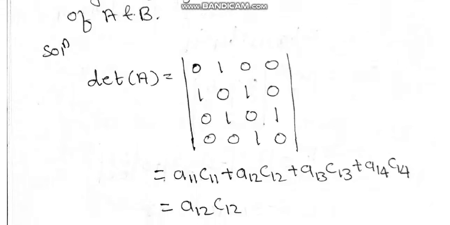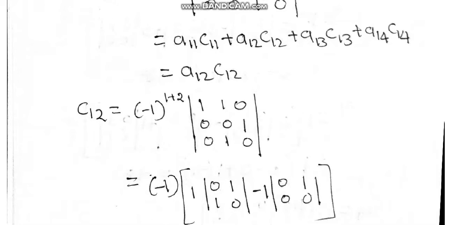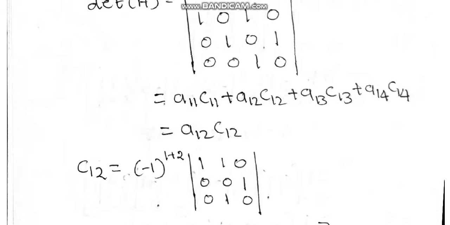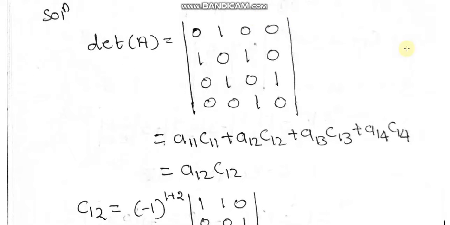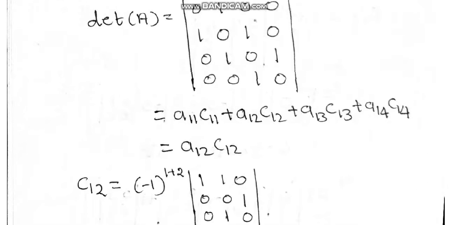So what will be the cofactor of this one? Here, for this one, I am leaving this row and this column. What is left out?